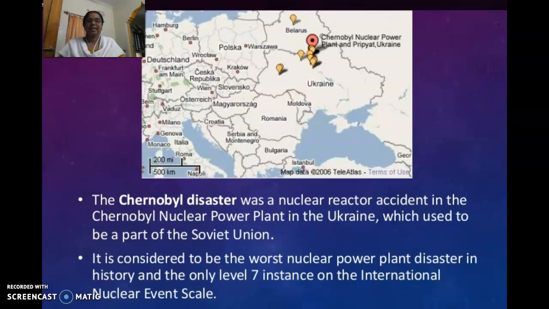It was a nuclear reactor accident at the Chernobyl nuclear power plant in Ukraine. Ukraine is a small country which used to be part of the Soviet Union, which is what we call Russia today. It is considered to be the worst nuclear power plant disaster in history and the only level 7 incident on the International Nuclear Event Scale.